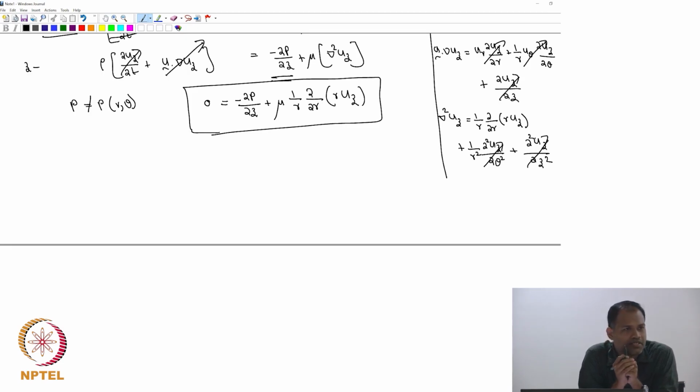That is the question. We said P is not a function of r and theta, so I can write ∂P/∂z as really dP/dz, and uz is only a function of r, so that is again an ordinary derivative. So it is no more a partial differential equation, it is an ordinary differential equation and you know how to solve it.